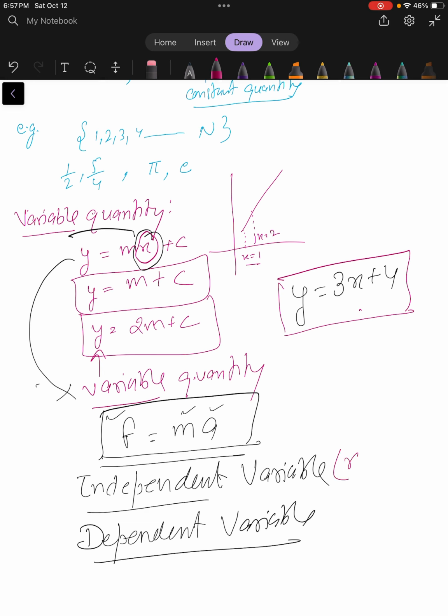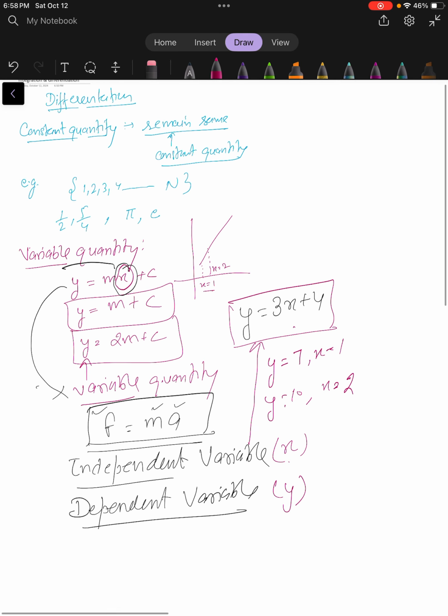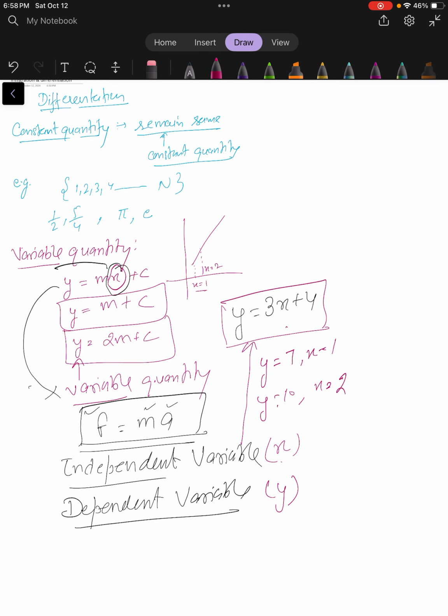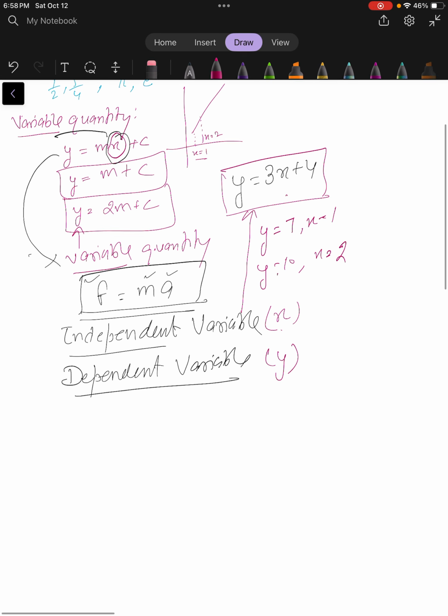In this equation, x is the independent variable, and if I put in the value of x, the value of y will change. If x = 1, y = 7. When x = 2, y = 6 + 4 = 10. So y is the dependent variable. So this variable quantity is divided into two parts, correct? Any doubt in this?